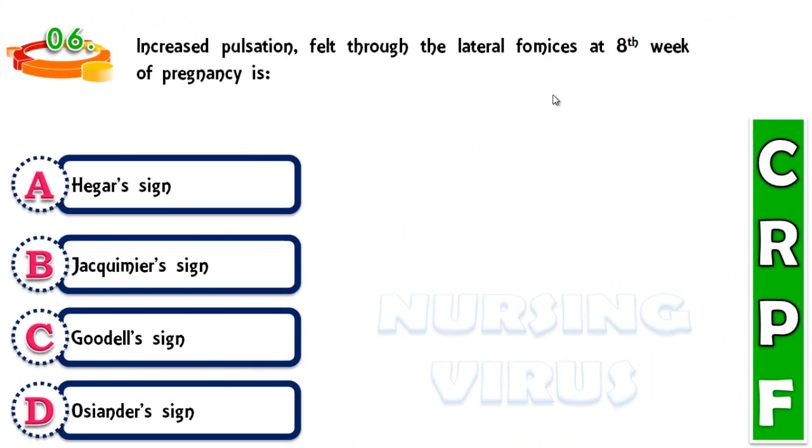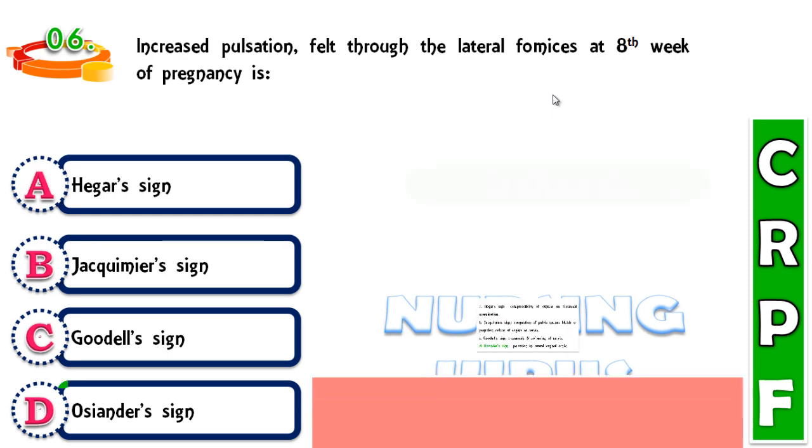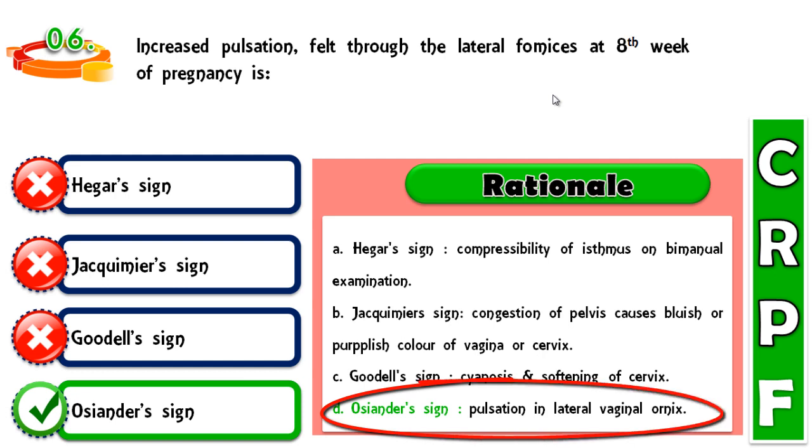Question 6. Increased pulsation felt through the lateral fornix at the 8th week of pregnancy is Hegar's sign, Jacquemier's sign, Goodell's sign, and Osiander's sign. So the correct answer is Osiander's sign. Osiander's sign is a pulsation in the lateral vaginal fornix that can be felt during the 8th week.